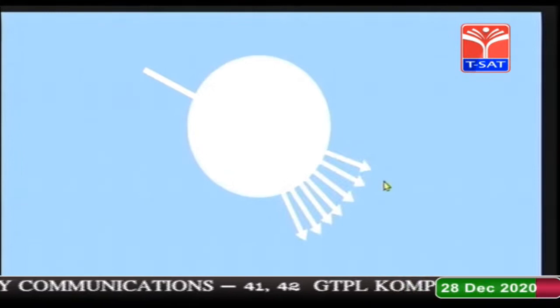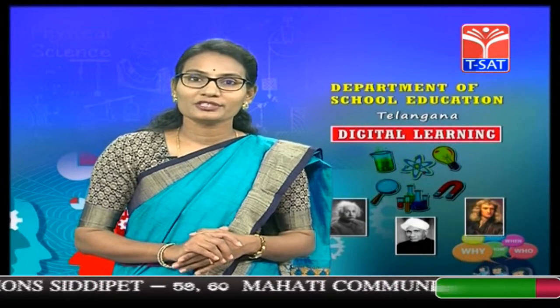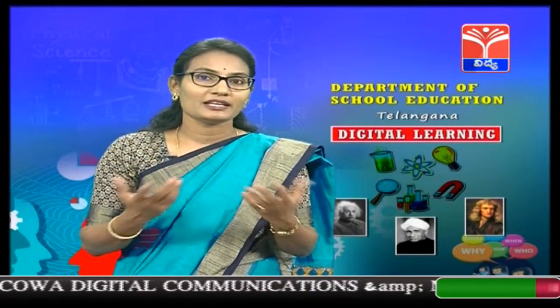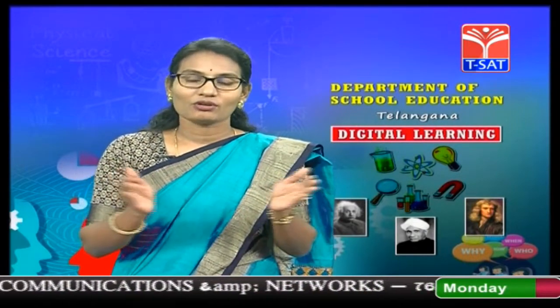This happens in the cloud. The cloud consists of so many water particles. The water particle size is greater than an oxygen or nitrogen molecule. Due to this reason, the water droplet can scatter all these colors. That's why they appear white. When we receive all the colors at a time, it appears white. So the combination of all the colors gives white light only.